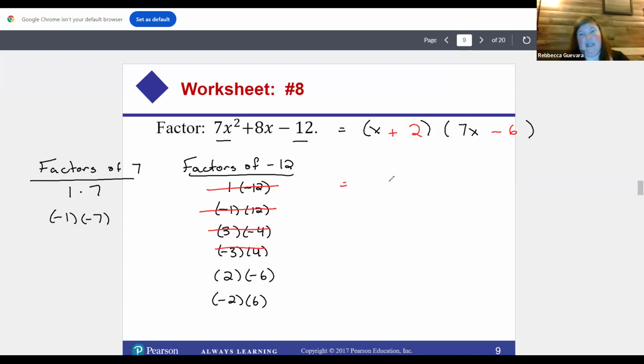So x times 7x, x squared, x times negative 6, negative 6x, 2 times 7, that's 14x. And then 2 times negative 6 is negative 12. So negative 6 plus a positive 14, that is an 8x.